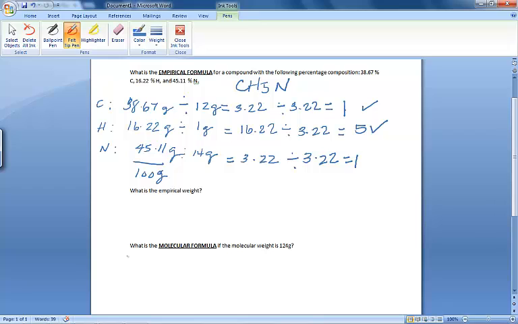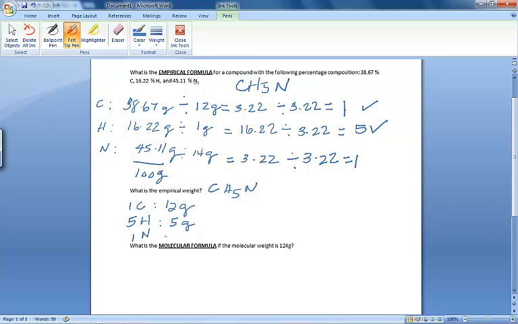So the next question asks us to calculate the empirical weight. So what is the weight of this formula? So we have CH5N. 1 carbon is 12 grams. 5 hydrogens, 5 times 1, of course, is 5 grams.